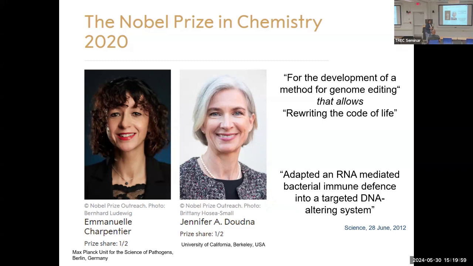Before 2011, these two women scientists did not know each other. Interestingly, they went to a meeting in Puerto Rico, where Charpentier was working on pathogenic bacteria, mainly Streptococcus pyogenes, and how this bacterium causes infection, and Doudna's work was mostly on RNA, which is a cousin of DNA.